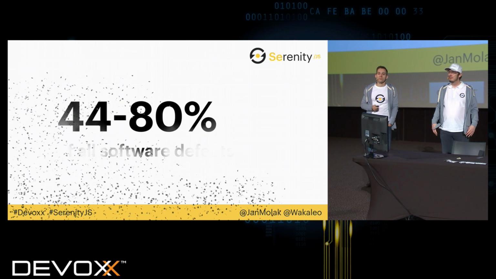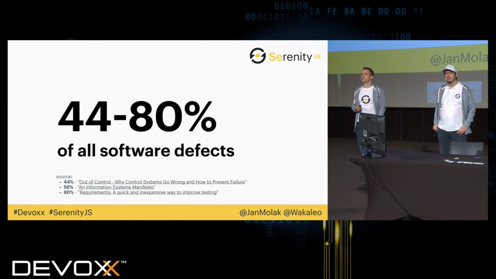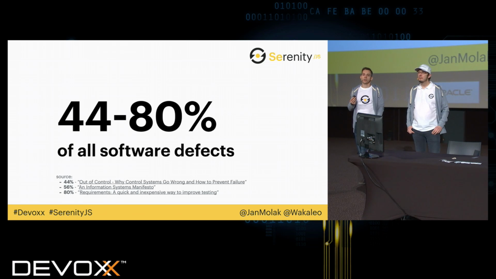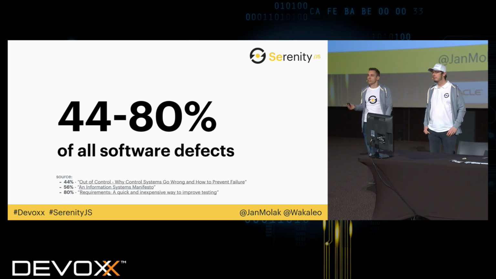According to research that's been done over the last 30 years or so, between 44 and 80% of all software defects are due to ambiguous, unclear, or just simply incorrect requirements.